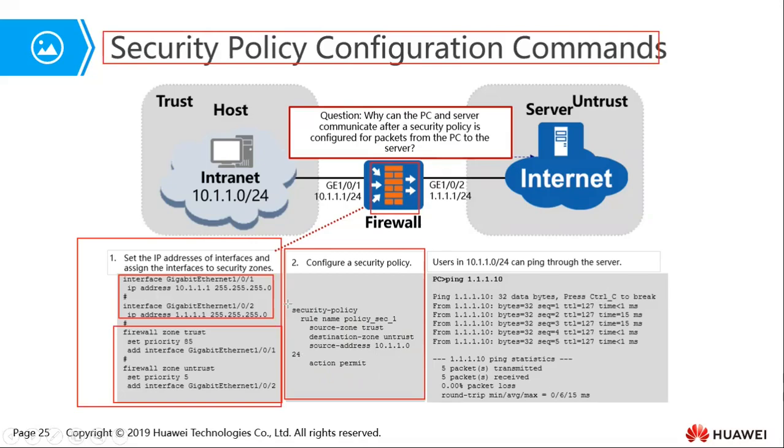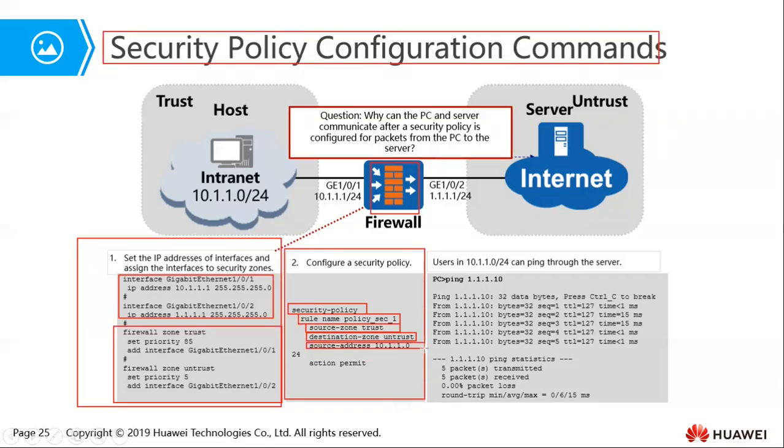The commands to do that: you do security policy, then you use the command rule name, then you give that policy a name. So we are calling this policy policy_sec_1. Then we set the source zone. The source zone is trust. The destination zone is untrust. So we are allowing traffic to move from trust to untrust.